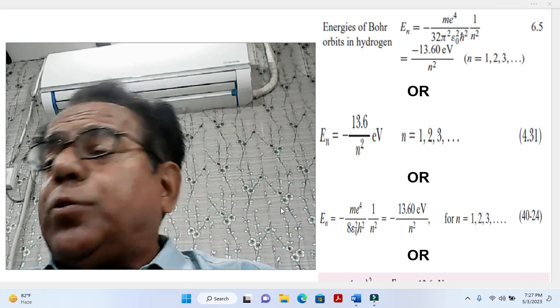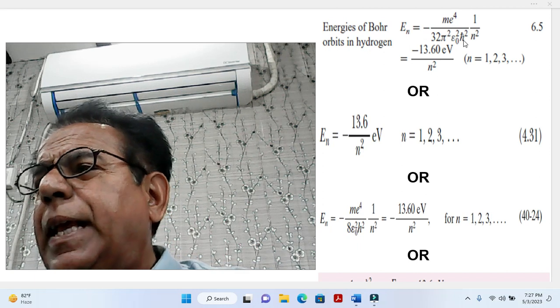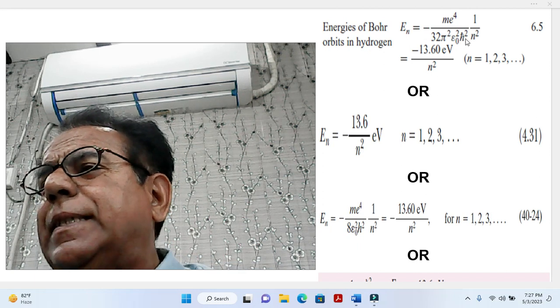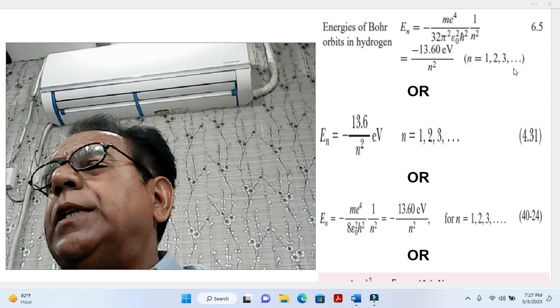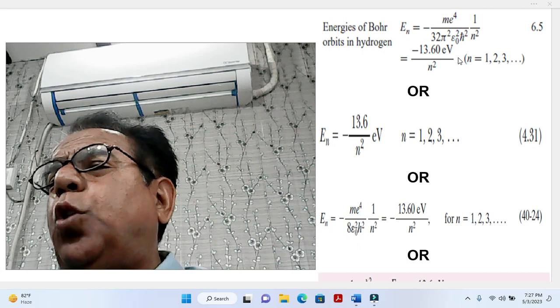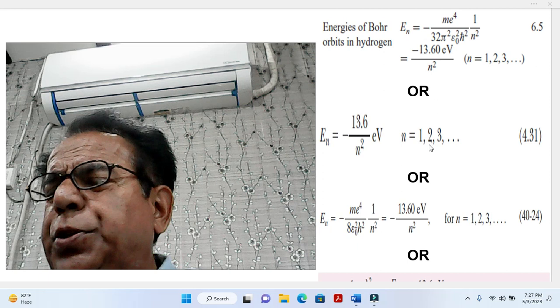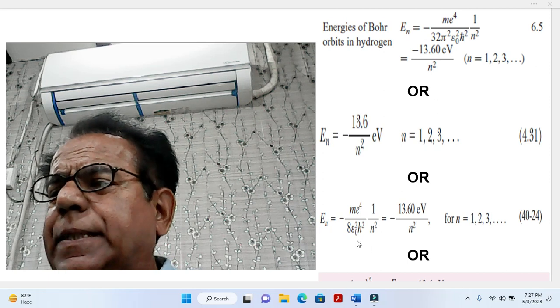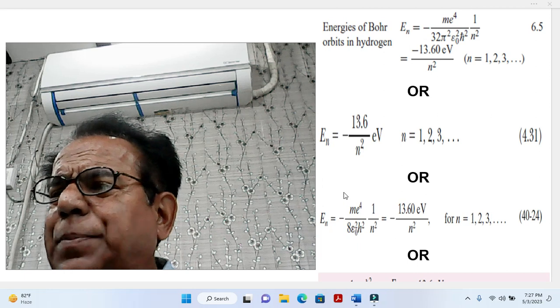H is Planck's constant. Okay, so when we use h over 2 pi in place of h cut, then definitely the square of 2 pi, that is 4 pi square, appears. So due to this difference, this expression takes a similar form.